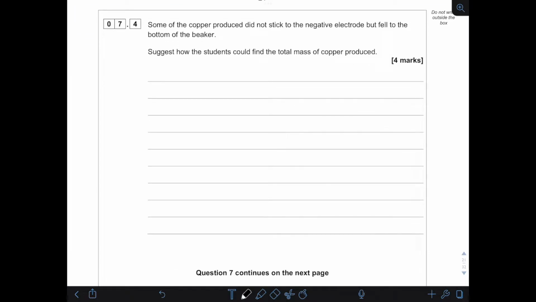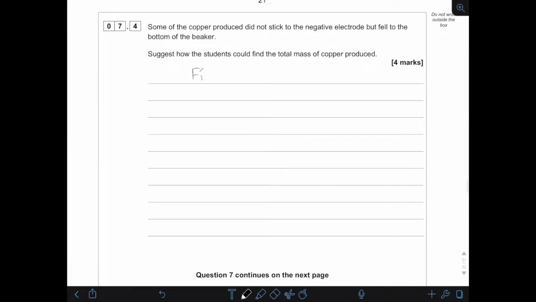So this is essentially just a separation exercise, right? So what you want to do is to filter the solution, get the solid, and once you have the solid it must be dry, and you can dry that with a vacuum, you can dry it with a desiccator, and there are a lot of ways to dry an aqueous substance.